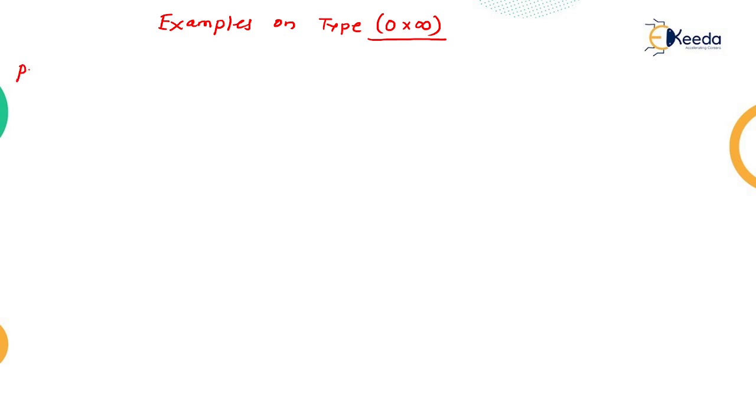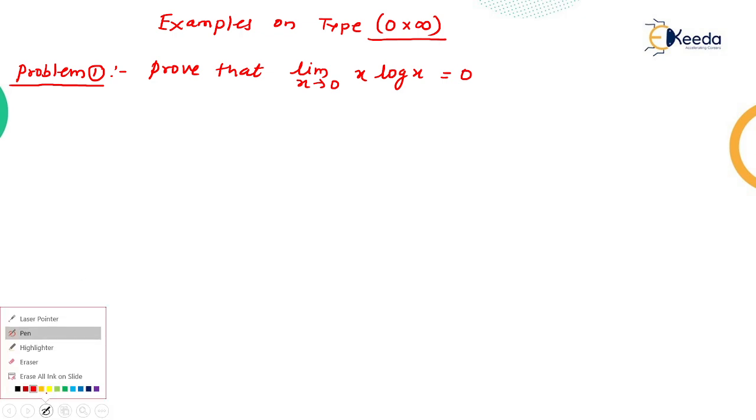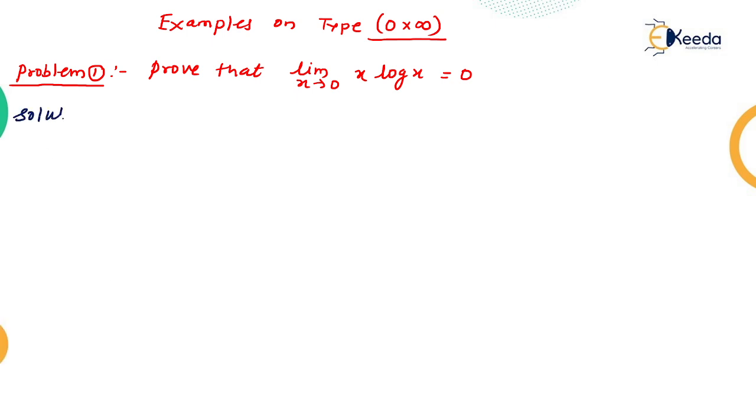Problem number 1: prove that limit as x tends to 0, x into log x, is equal to 0. We have to prove this. So let's see how it will be proved. Solution.